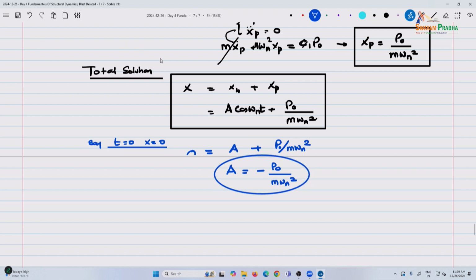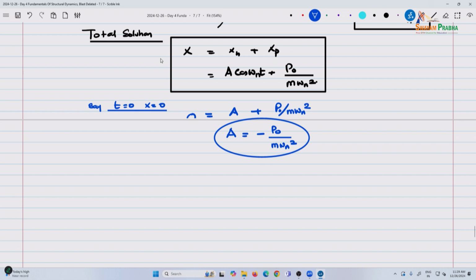If I substitute it back, x is equal to minus p naught by m omega n square cosine omega n t.